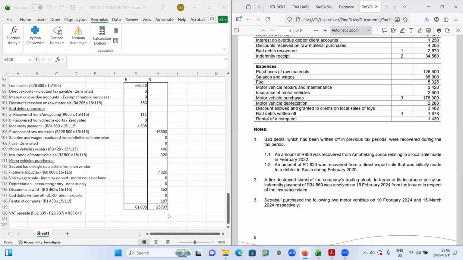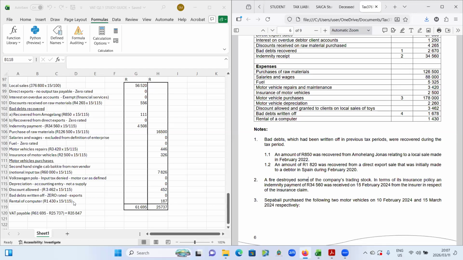And while we're on the computer, if there's a situation where the vendor is making both taxable supplies and exempt supplies, for example 40% exempt and 60% taxable supplies, then on the exempt portion you don't claim.